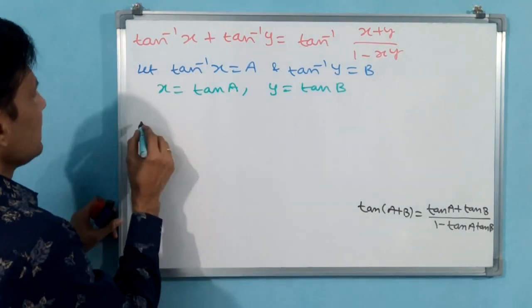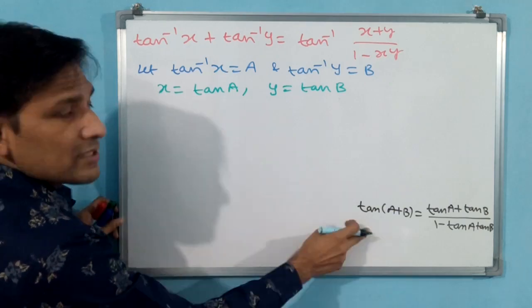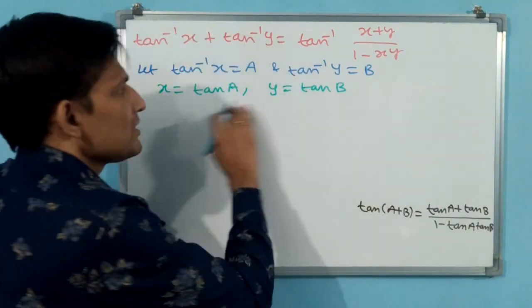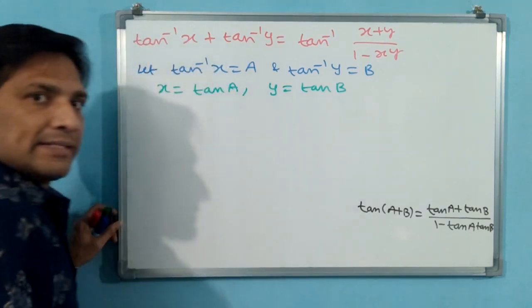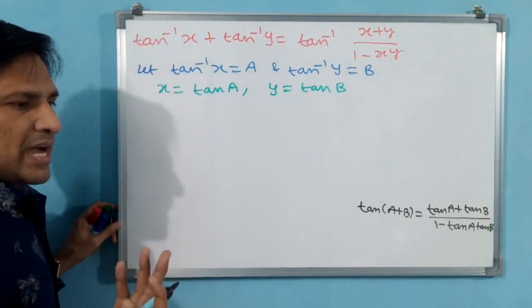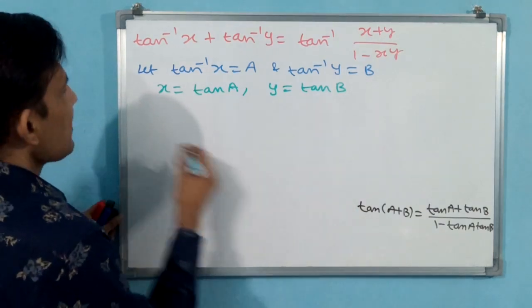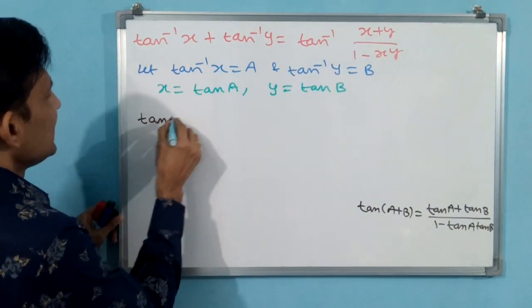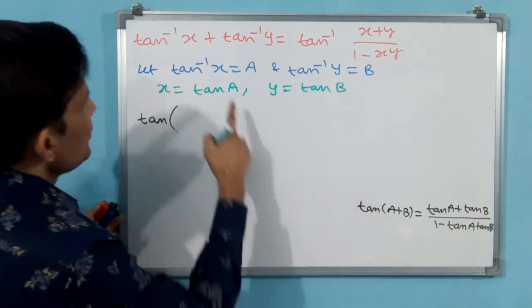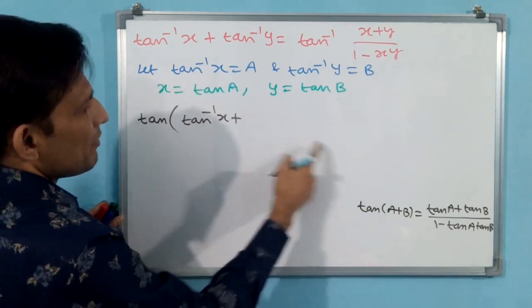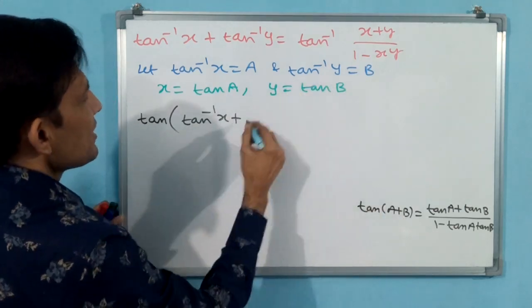Substituting these values in this formula, you write. Tan of (a plus b), where a means tan inverse x, plus b, where b means tan inverse y.